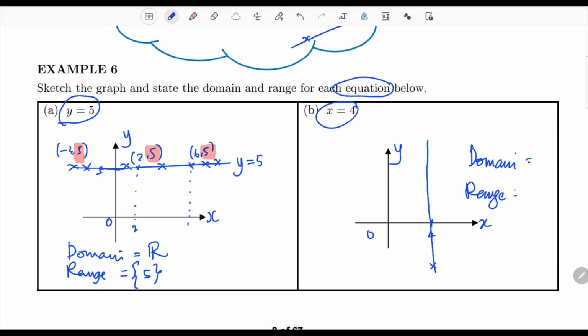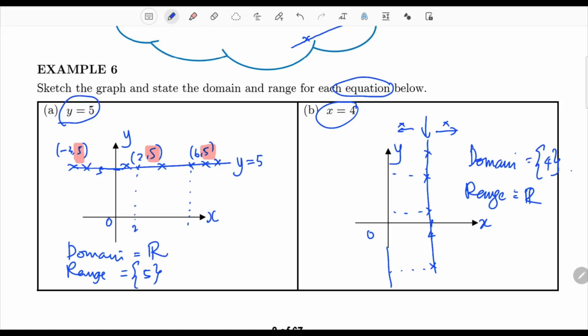For the range, you have different possible values of y, isn't it? Here different y, here different y. So the range will be real numbers. What about the domain? There's only one value here. It doesn't go to the right, it doesn't go to the left, only on the line x equals 4. So the domain will be 4.